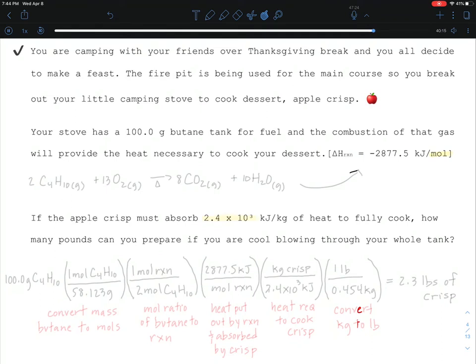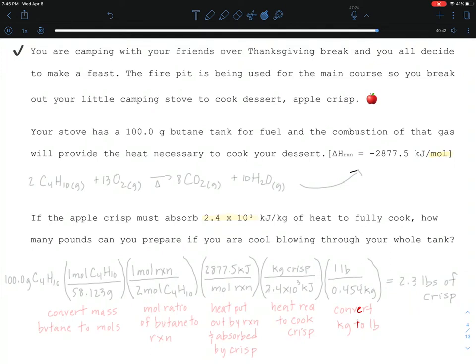It's an exothermic process. But you are not the system, right? Your crisp is the surroundings. So it's a positive 2,877. See how you got to look at that a little differently? Okay, the heat put out by the system, in other words, the heat put out by the combustion of that gas is going to be the heat that is absorbed by the crisp. Okay, so let's just write this stuff down.